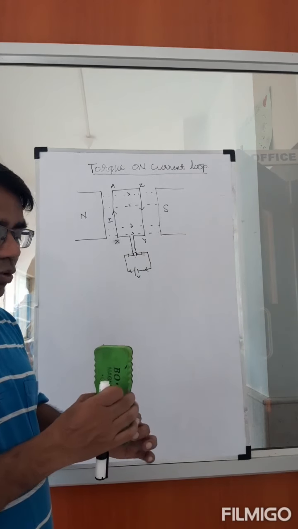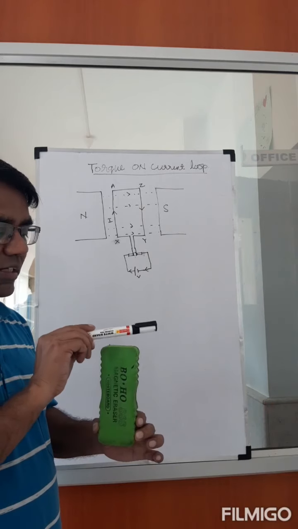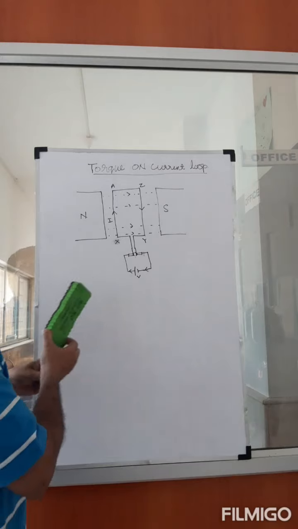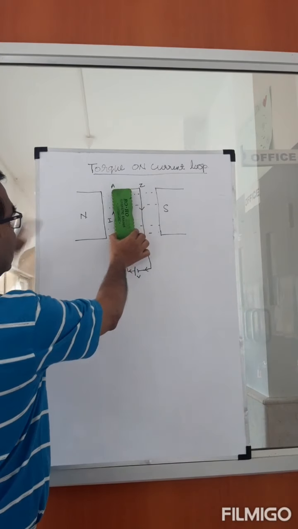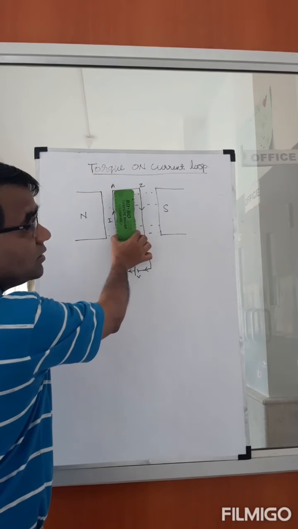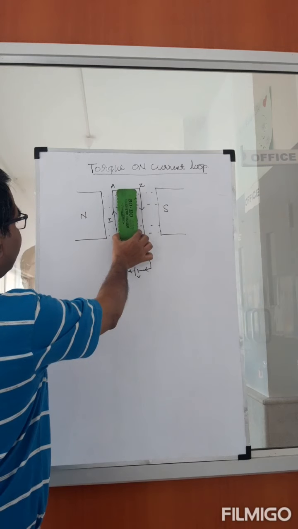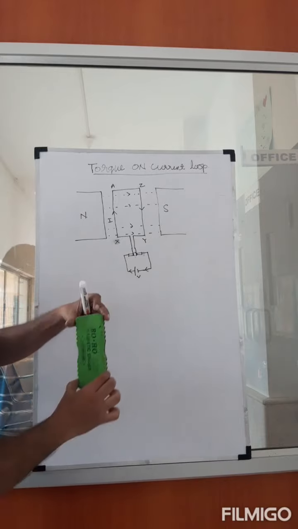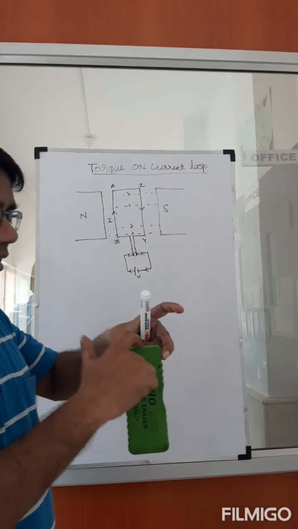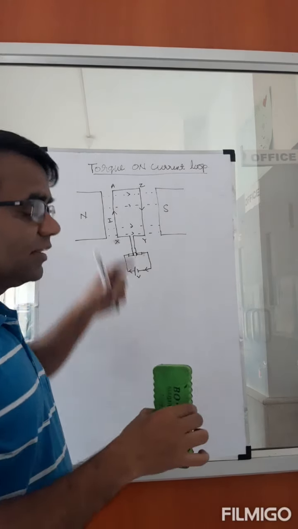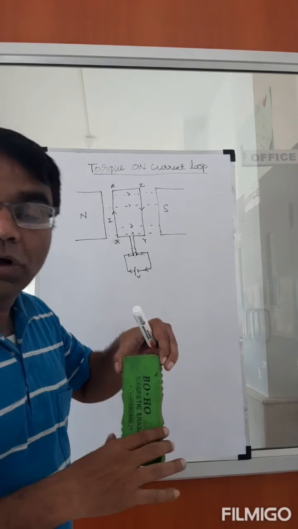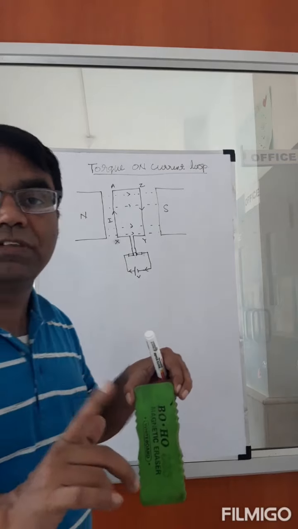But as it starts rotating, you see there is an angle that is made. If I keep it like this, then this part is aligned to the magnetic field. But as it starts rotating, there is an angle made between this conductor and the magnetic field, and these parts will also experience a force.